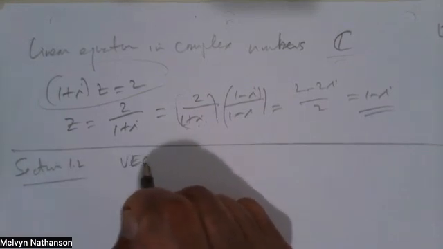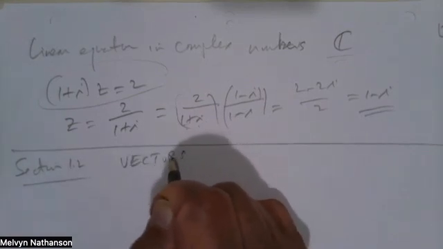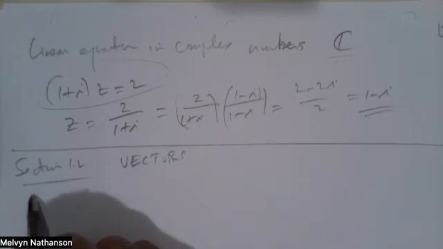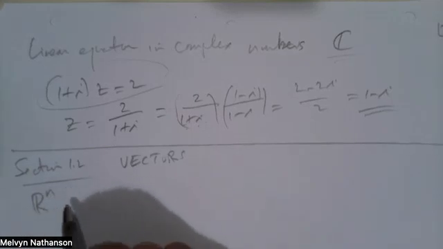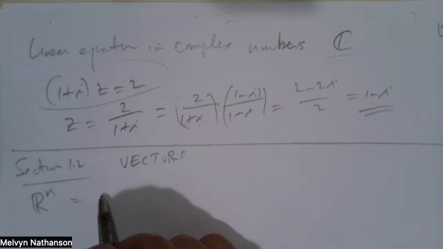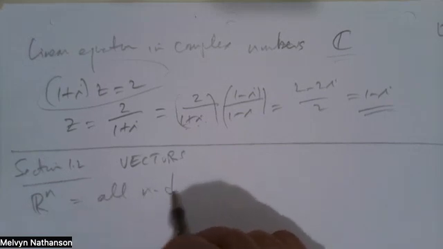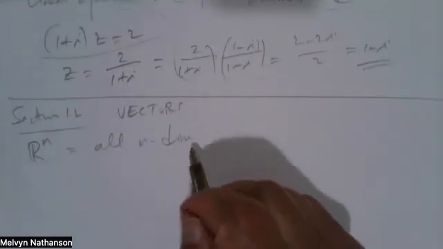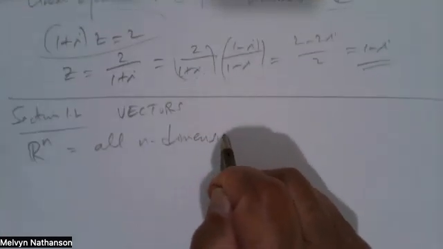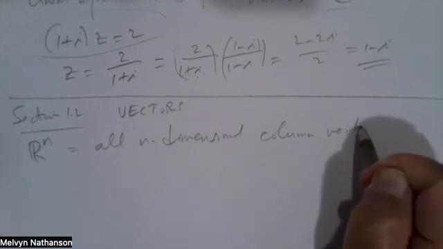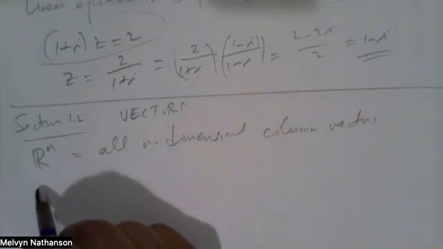1.2, I'm just going to spend a little bit of time talking about vectors. And right now for us, vectors are n-dimensional column vectors. So we usually write Rn as the set of all n-dimensional column vectors.